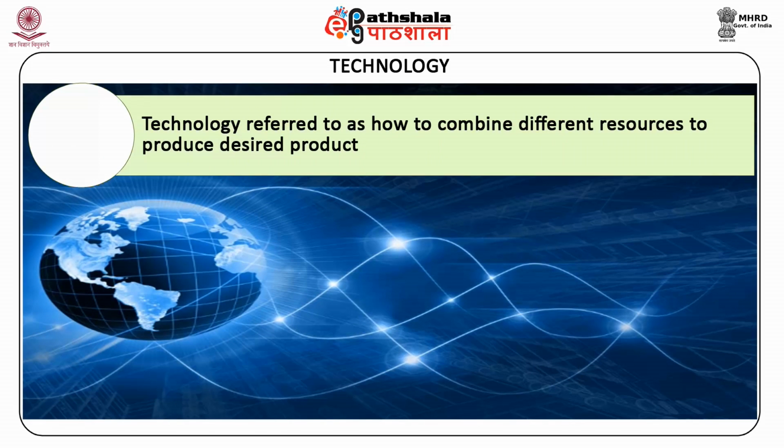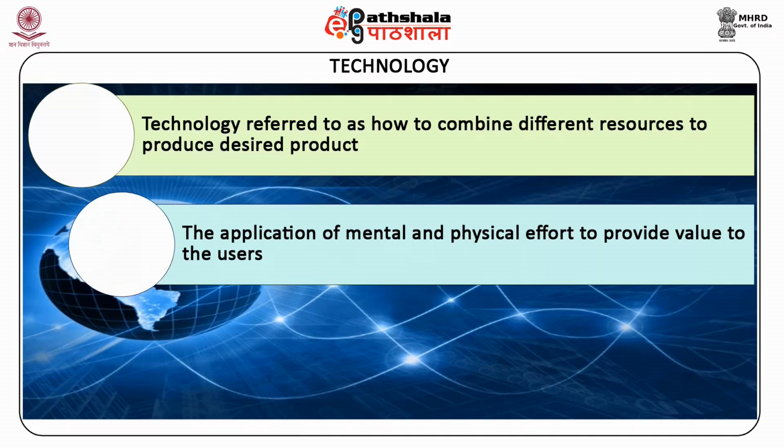Technology is also referred to as how to combine different resources to produce a desired product, fulfill needs, or solve problems. It includes technical processes, methods, skills, techniques, and tools. Thus, technology is a wider term as it includes both material and immaterial, formed with the application of mental and physical effort to provide value to the users.